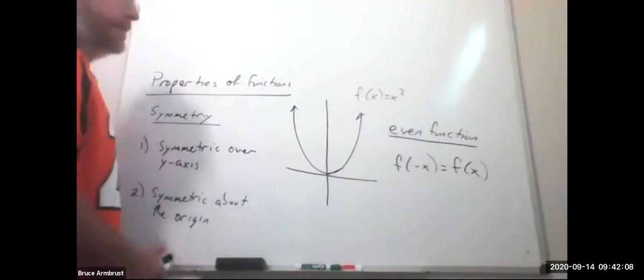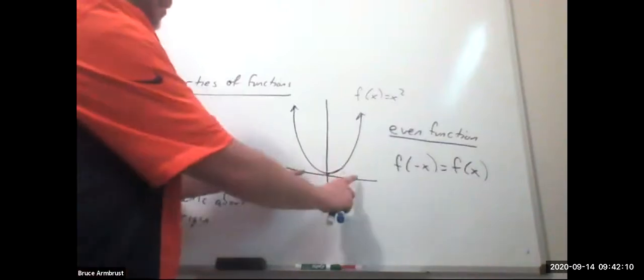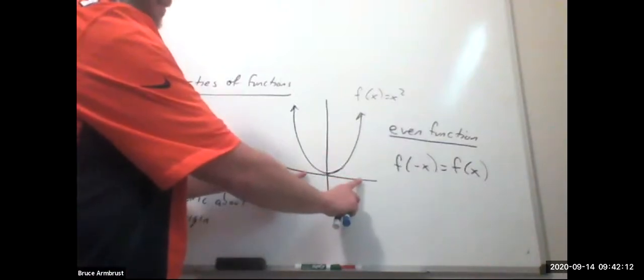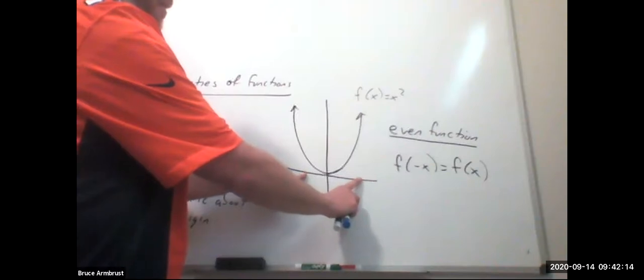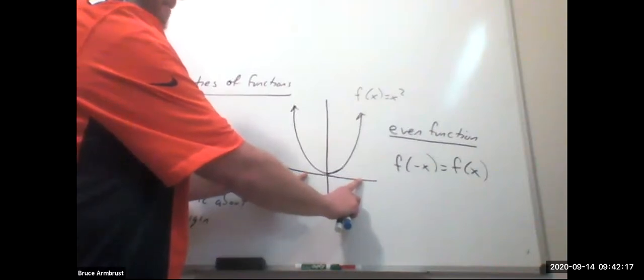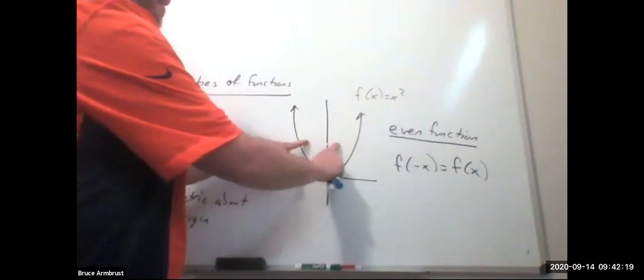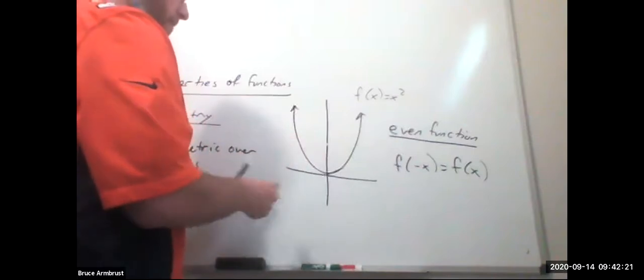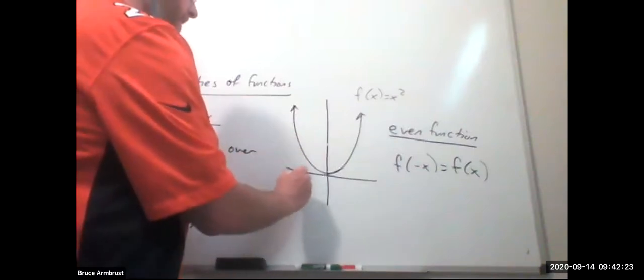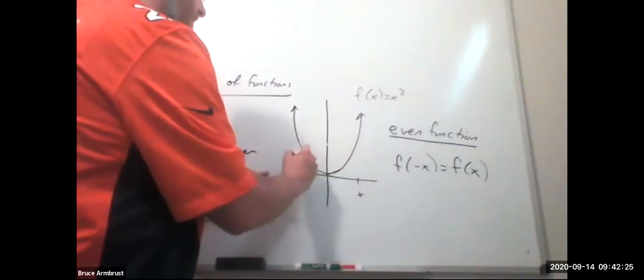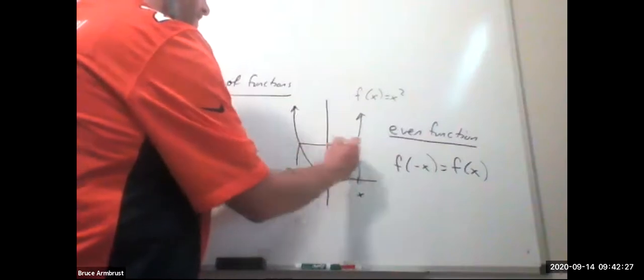So think about what x and minus x are. Those are 2 points. They're the same distance away from 0. They're just on opposite sides. And you put either of those in, and you get the same y value. So somewhere out here is negative x, there's positive x. Right?